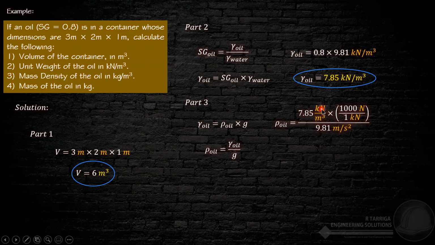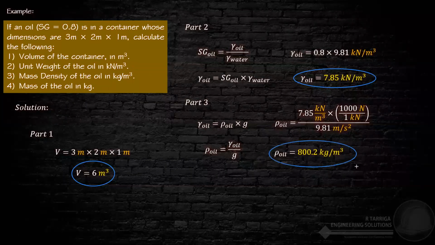That is still in kilonewton, so we need to convert that into Newton first before we can proceed to the density. To cancel the kilonewton, multiply this by 1,000, so it becomes Newton per cubic meter, over 9.81 meter per second squared. So the density of oil shall be 800.2 kilogram per cubic meter.